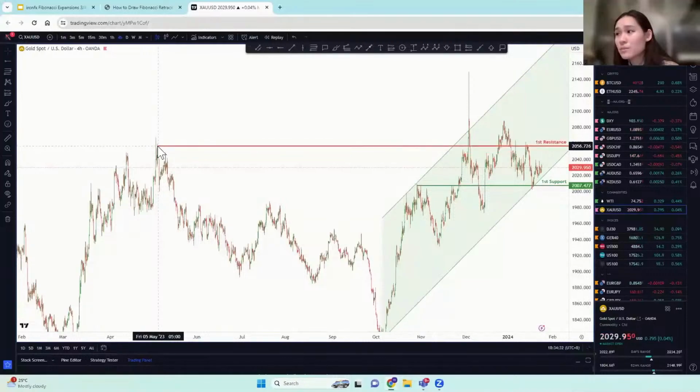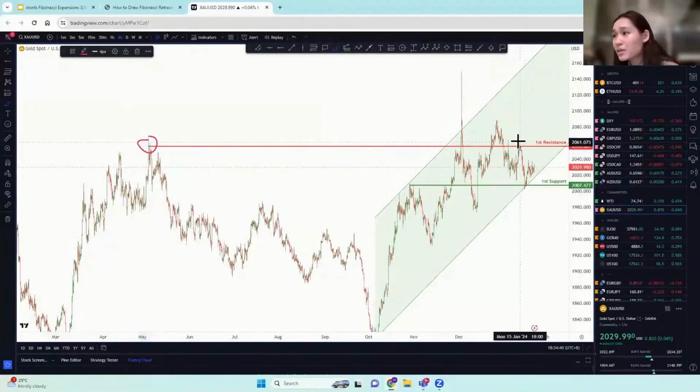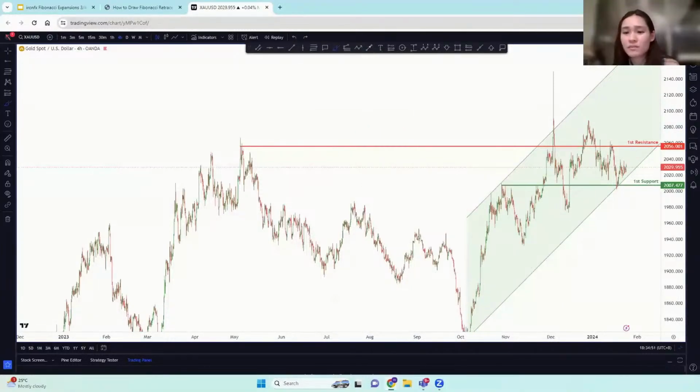So here, I'm pulling it back all the way here so that I can see that I have one swing high and two swing high here.